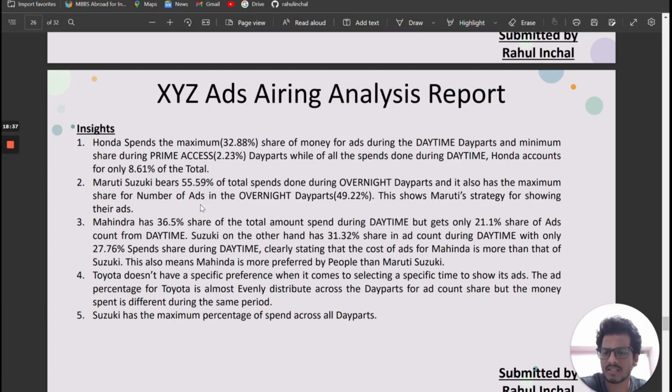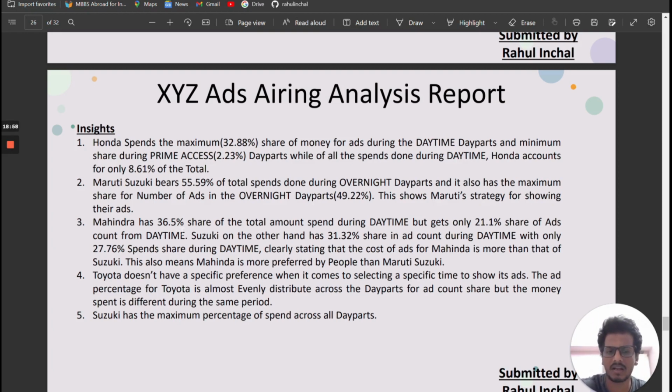Mahindra has a 36.5% share of the total amount spent during daytime, but gets only a 21.1% share of ad count from daytime. Suzuki, on the other hand, has a 31.32% share in the ad count during daytime, with only a 27.76% spent share during daytime.